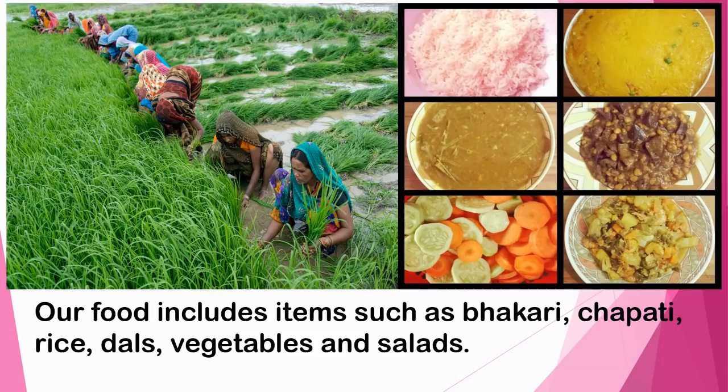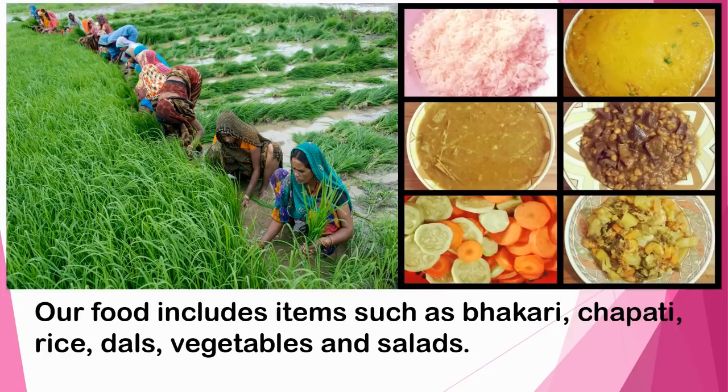Agriculture is the practice of farming. It includes cultivation of the soil for the growing of crops and the rearing of animals to provide wool and other products. Students, our food includes items such as bhakri, chapati, rice, dal, vegetables and salads.